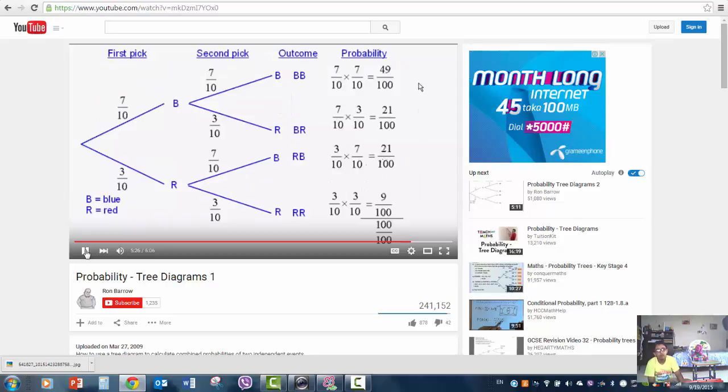Just finishing off, let's look at our tree diagram again. Remember that as you go along a branch, you're doing one thing and another thing, so you multiply the probabilities. Each branch has multiplied probabilities. But when you're answering questions at the end, you might have to add these, because you're doing this or this or this.